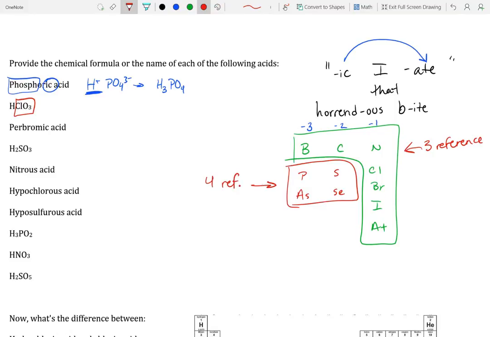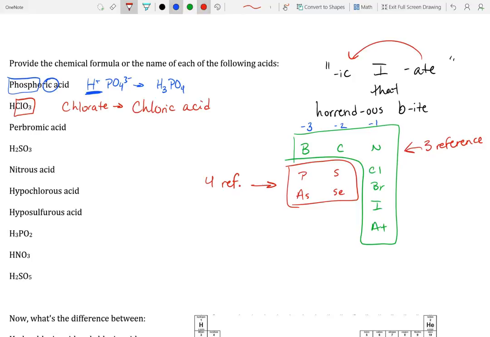So ClO3 has 3 reference oxygens, therefore ClO3 should become chlorate. However, remember that ate becomes ic, so this time we're going this way. So ate becomes ic, so this should be chloric acid, right?